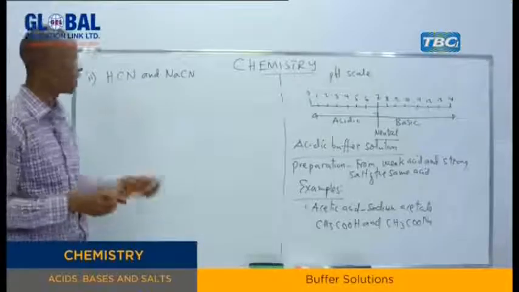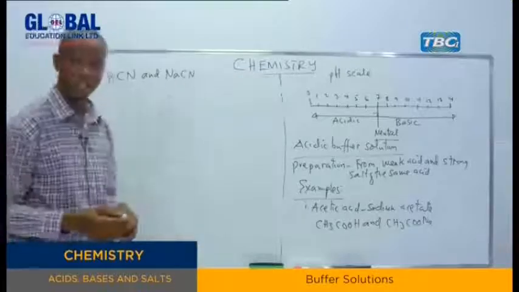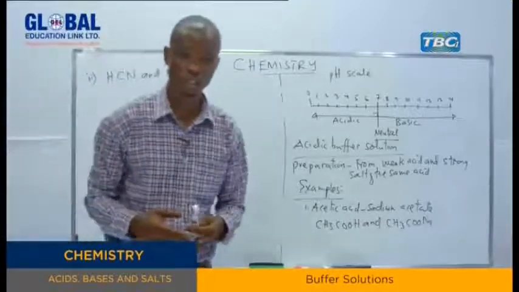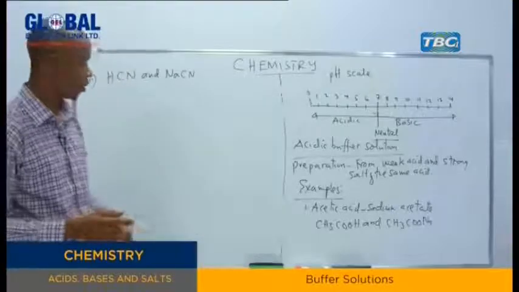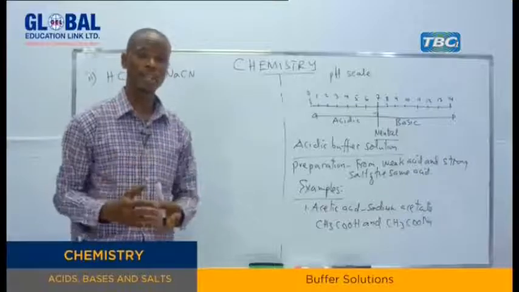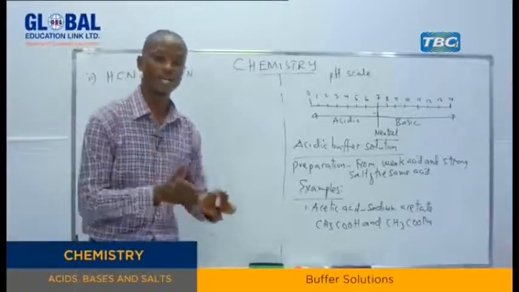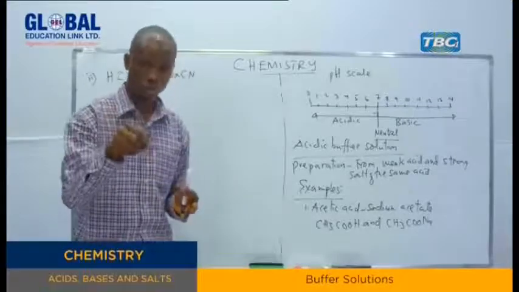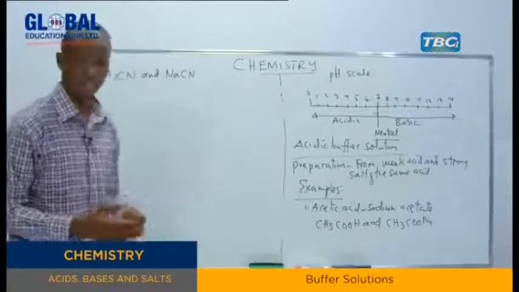This is the weak acid and this is the strong salt of this acid. So when the two are mixed, they form acidic buffer solution. It is very simple, as you can see. So in general, acidic buffer solutions are made by mixing the weak acid and the strong salt of that acid. That is very simple to understand.